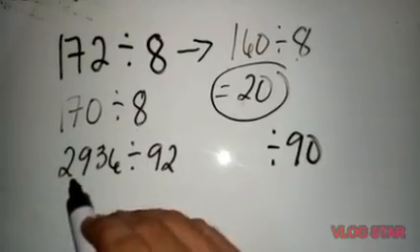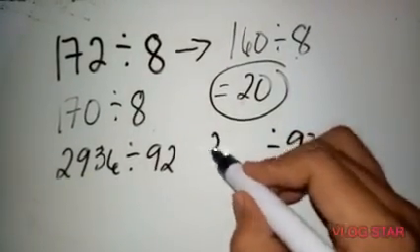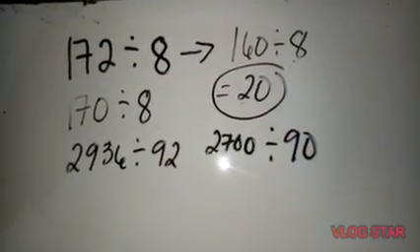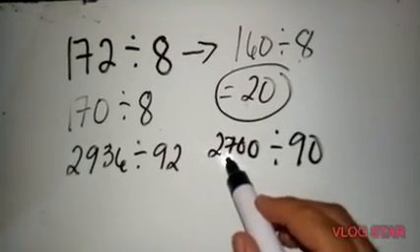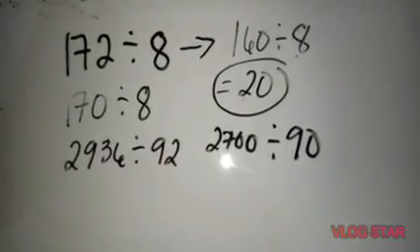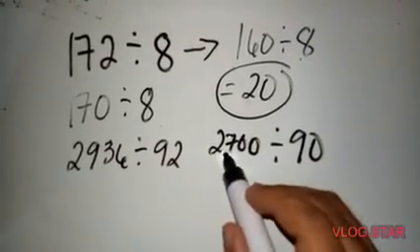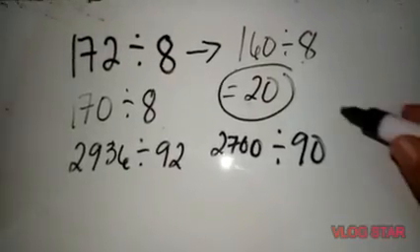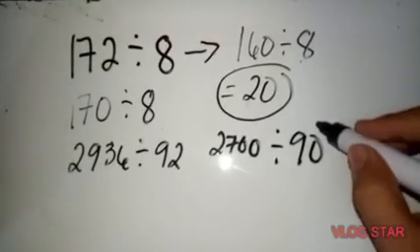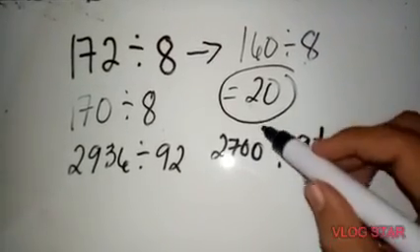The closest is 2,700 because 27 is divisible by 9. So 27, then we can cancel zeros to get the quotient.